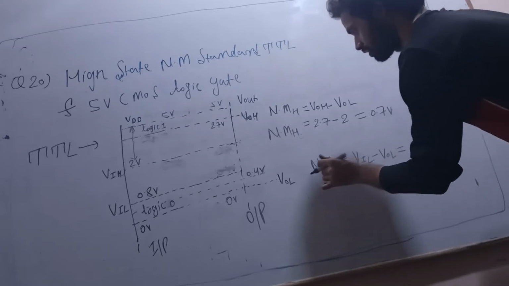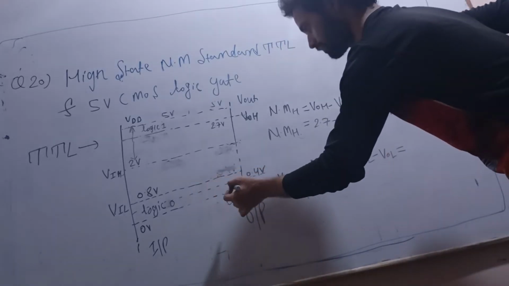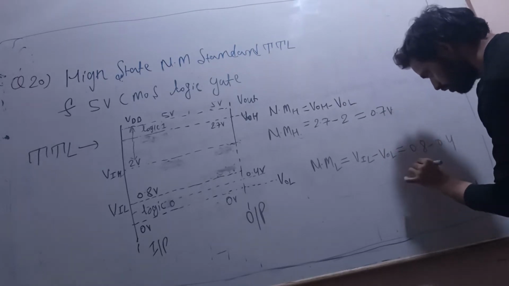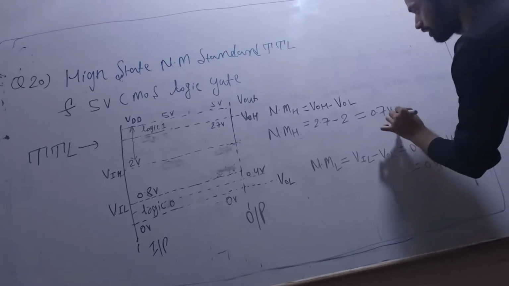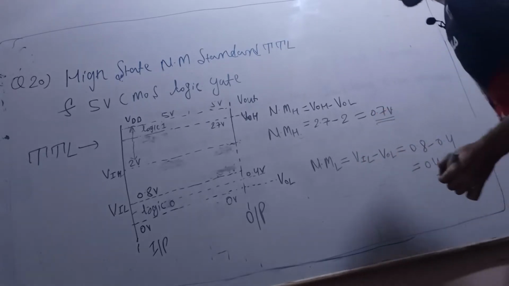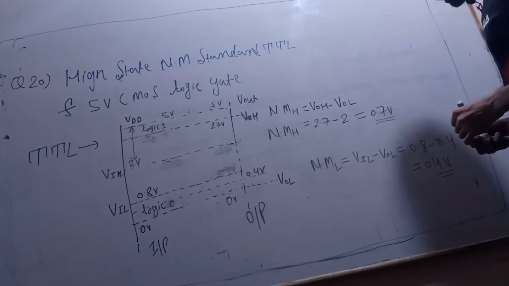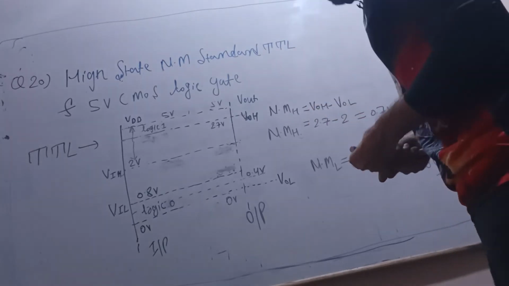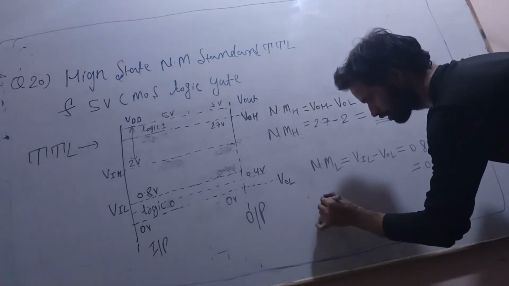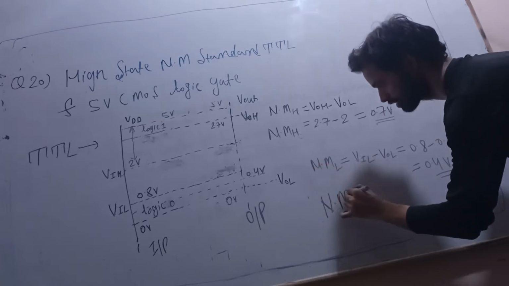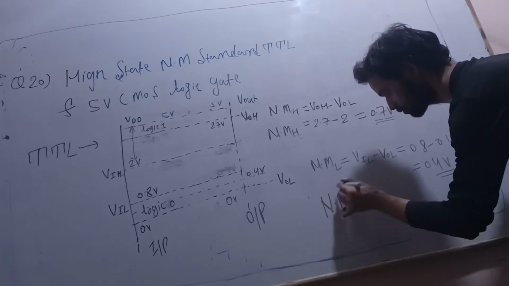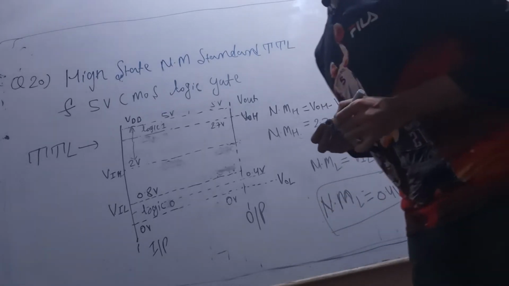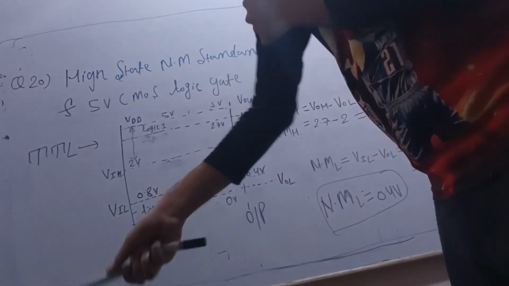So this is the highest noise margin, 0.7 volt, and this is the lowest, 0.4 volt. But 0.7 is not given in the options. Only 0.4 volt is given as an option for low noise margin, so options A and B.